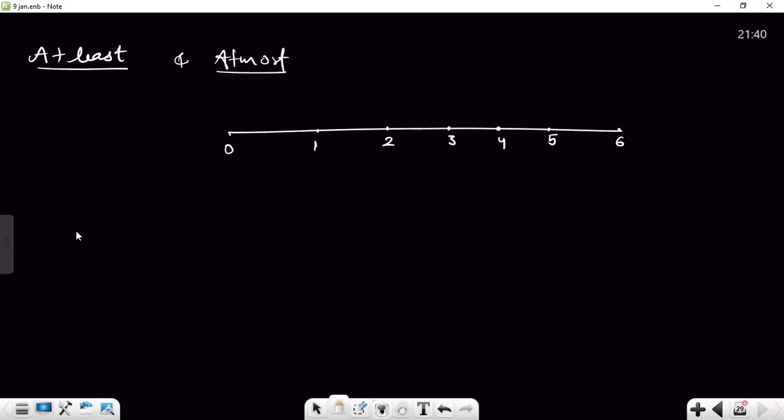If I say at least 4, then which numbers are you going to consider on this number line? Only integers.